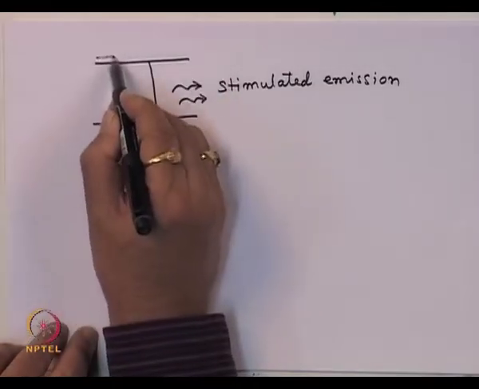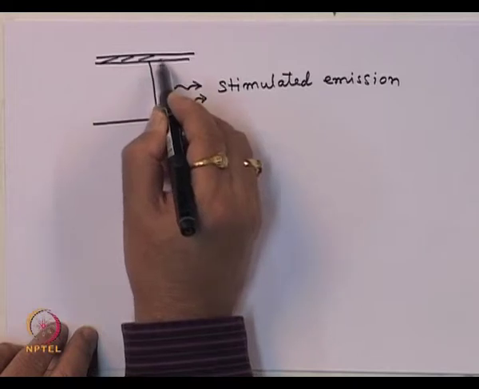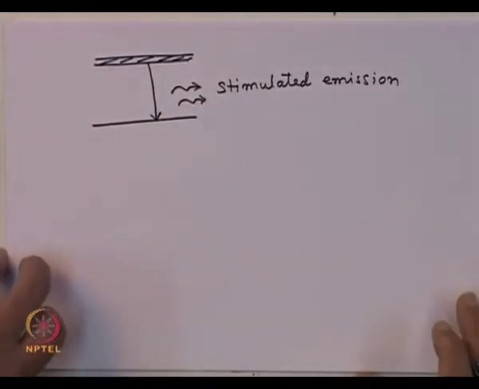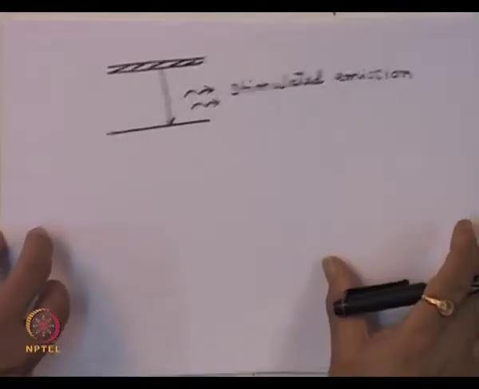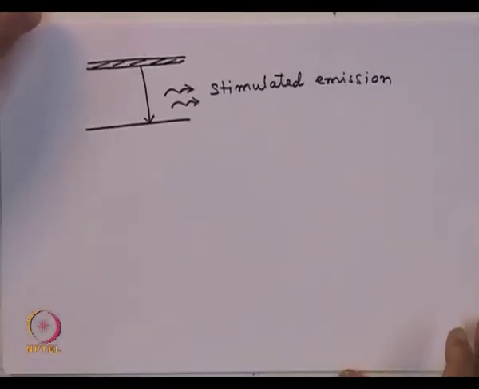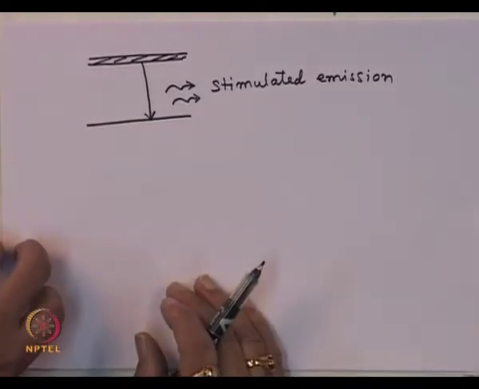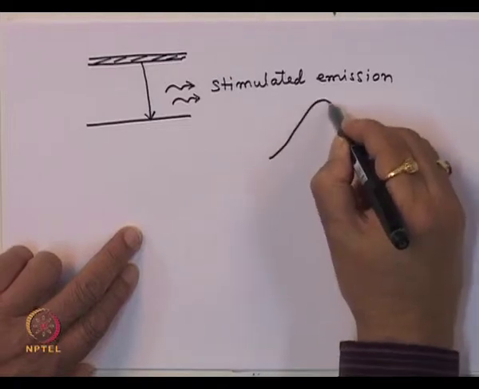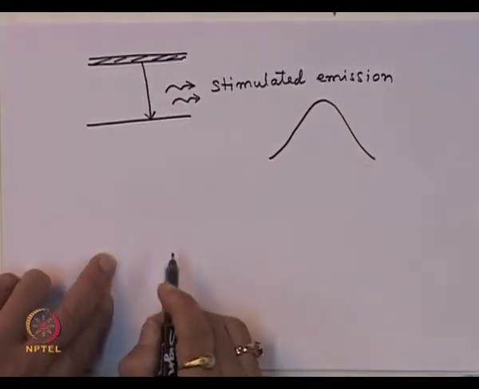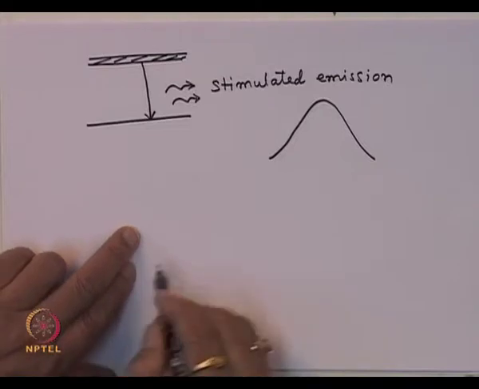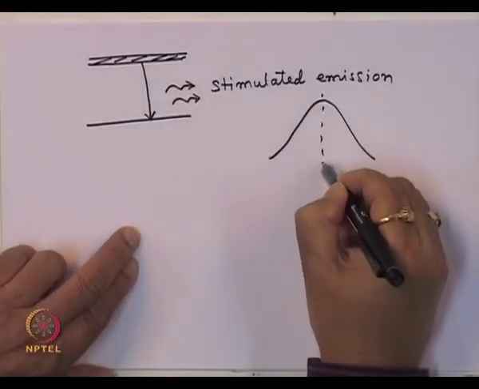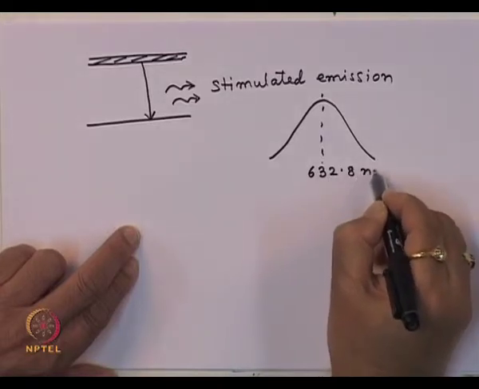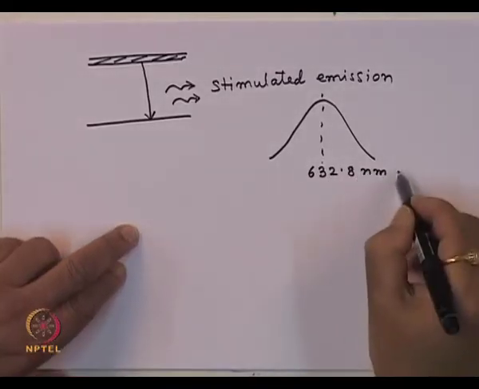They are a little diffused, and because of that you do not get monochromatic light from the laser, but a certain bandwidth associated with the emission. What is given here is a laser spectrum like this, whose center wavelength is 632.8 nanometer, which is red.